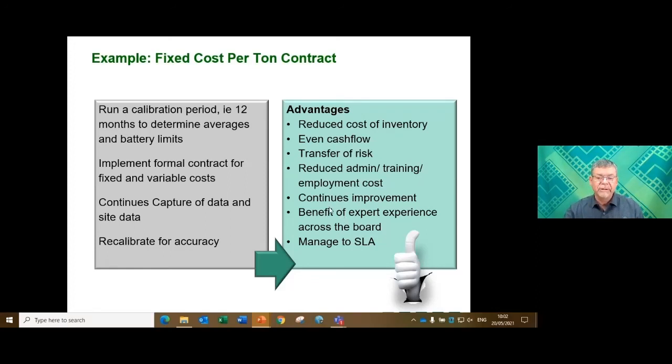The next, mostly overlooked benefit is the transfer of best practices between sites.